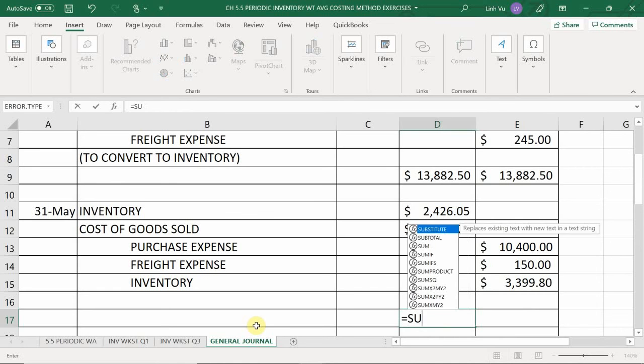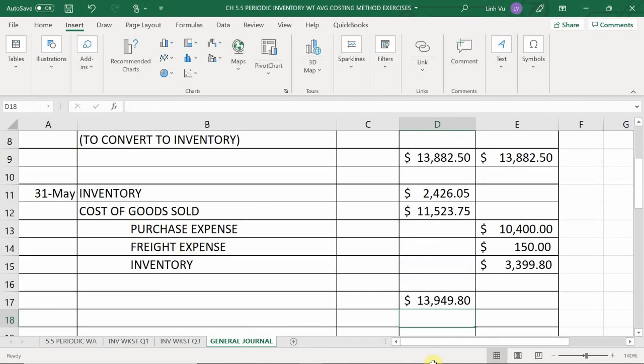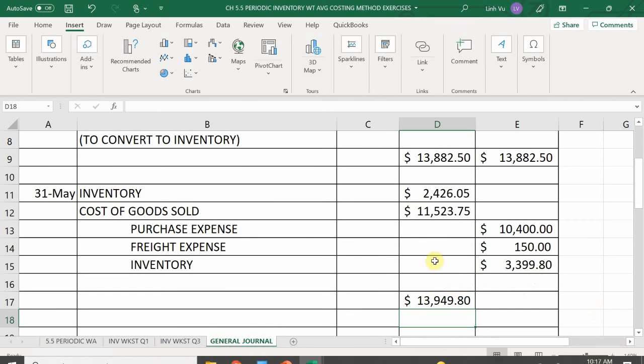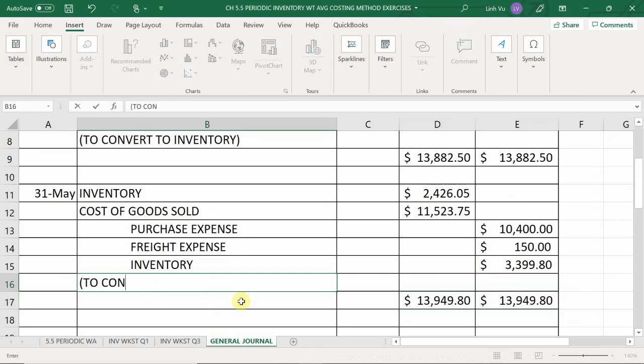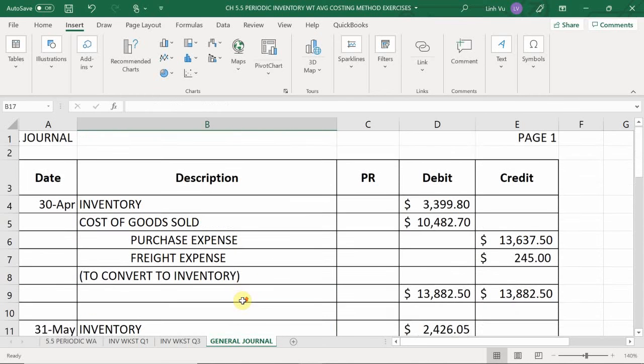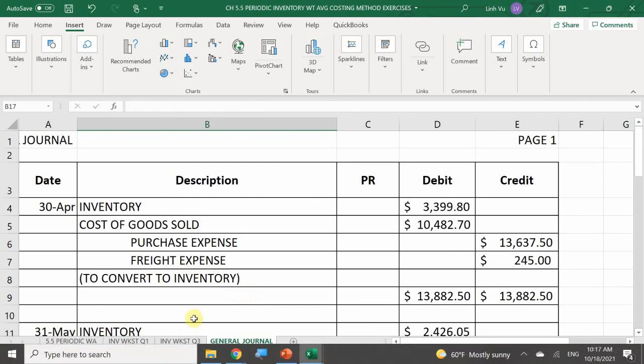Once again, I'm going to do my formula just to double confirm that my debits and credits match on both sides. So I have a total of 13,949.80 on the left, 13,949.80 on the right. Okay, and last but not least, to convert into inventory.